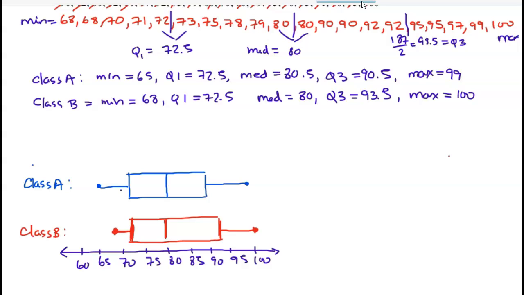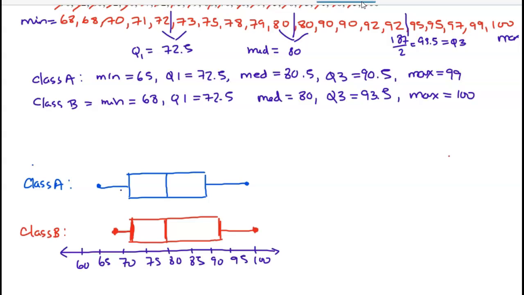Alright, so box plots give you an idea of the center and the spread of the data. The center is given by the median. For the spread, you can use the whole range, although it's influenced by outliers.